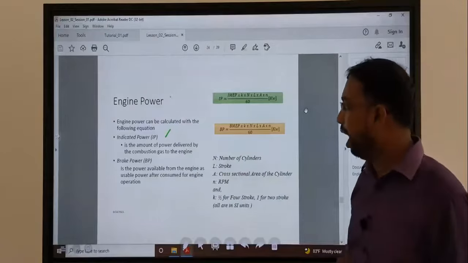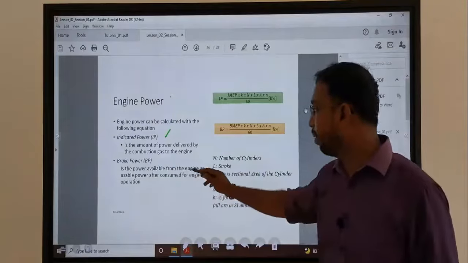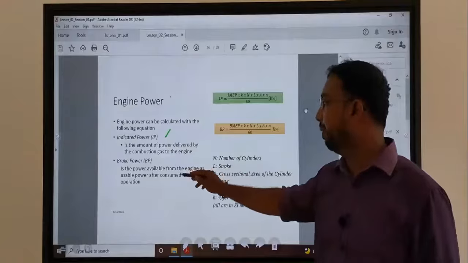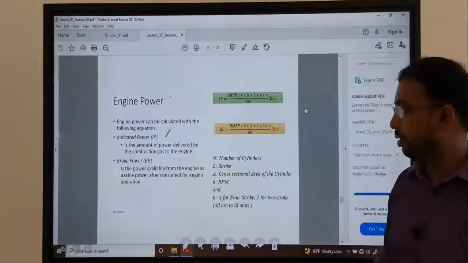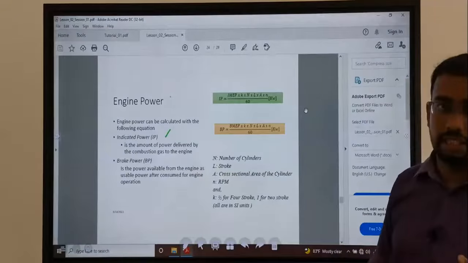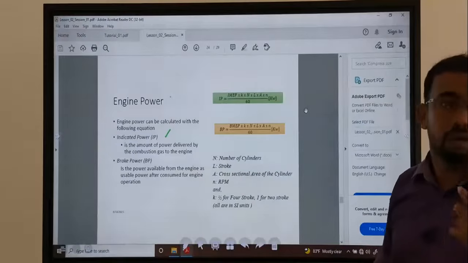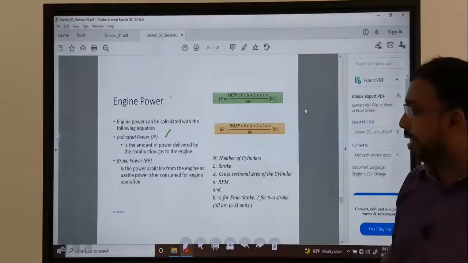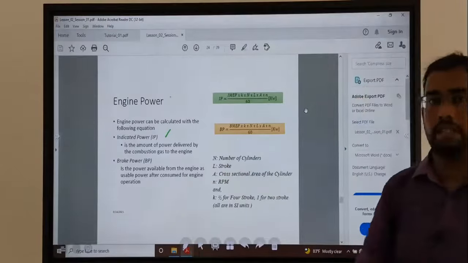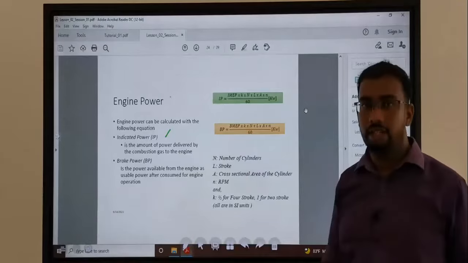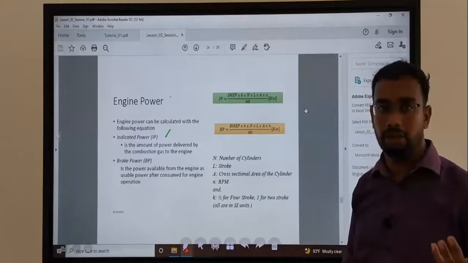Brake power is the power available from the engine as usable power after the engine consumes some amount for its own operation. Then the remaining power the engine delivers.